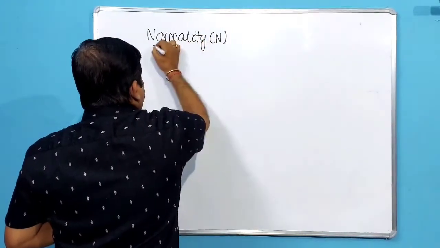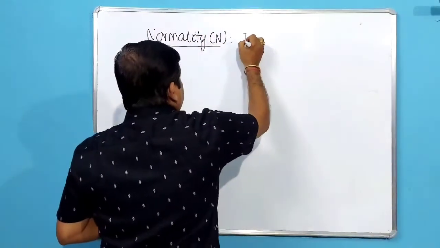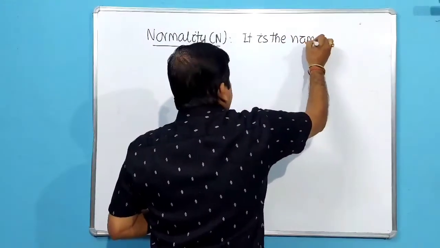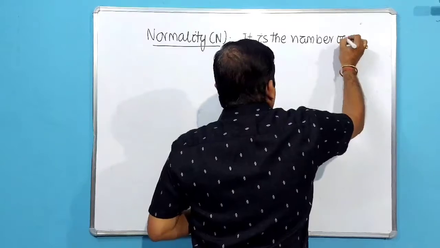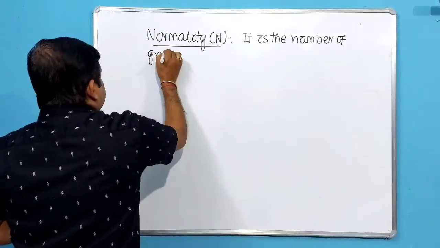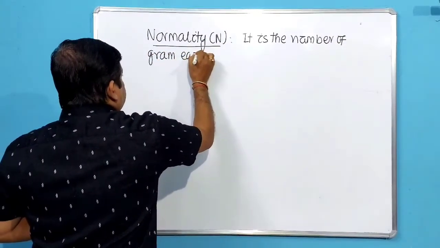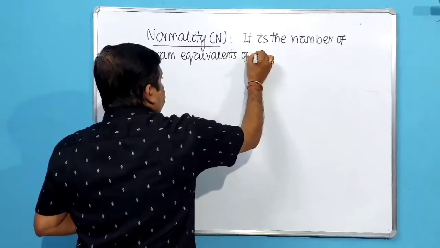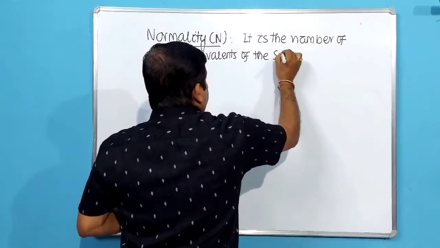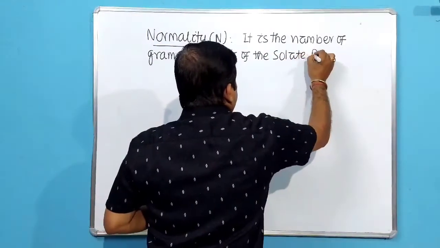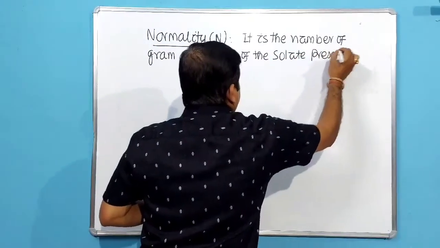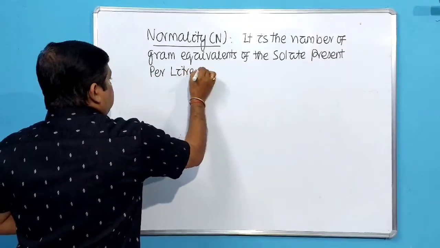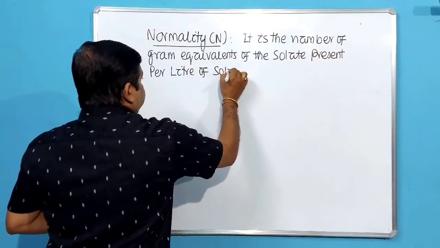Written as N. It is defined as the number of gram equivalents of the solute present per liter of solution.